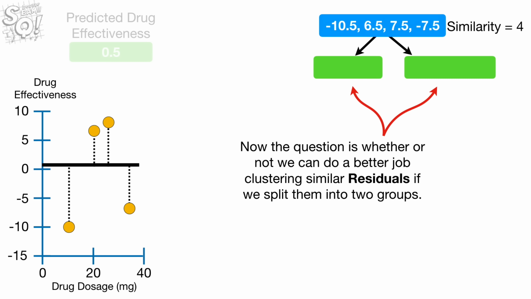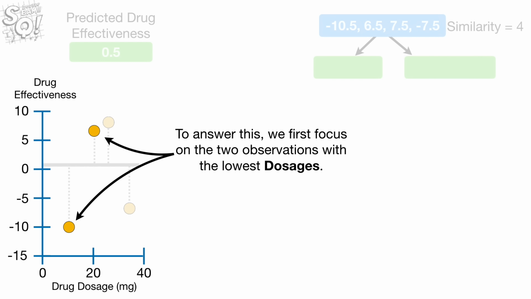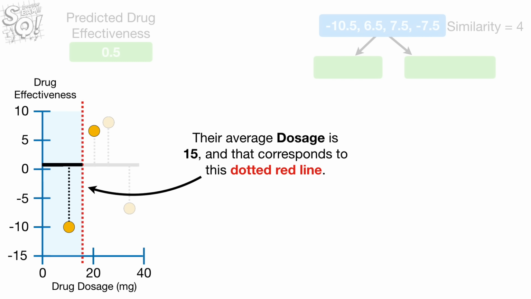Now the question is whether or not we can do a better job clustering similar residuals if we split them into two groups. To answer this, we first focus on the two observations with the lowest dosages. Their average dosage is 15, and that corresponds to this dotted red line.